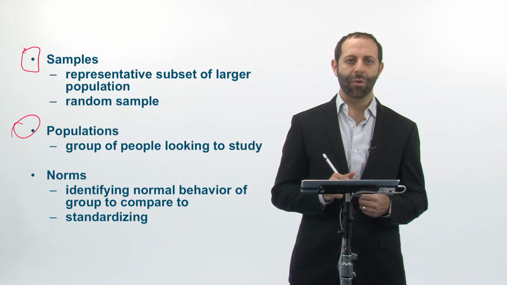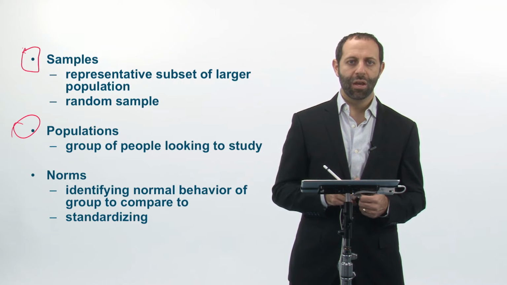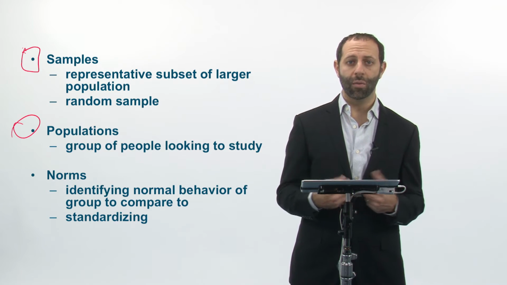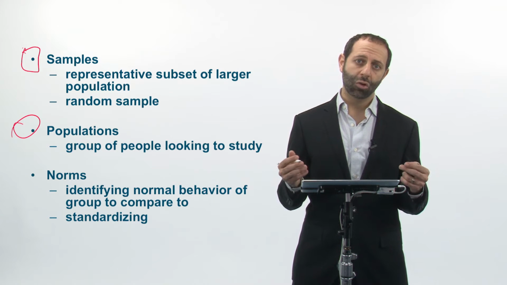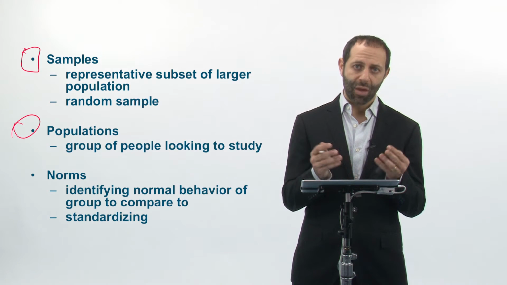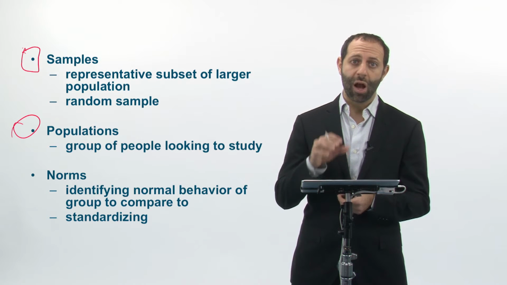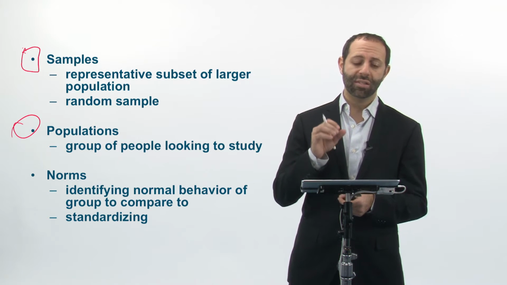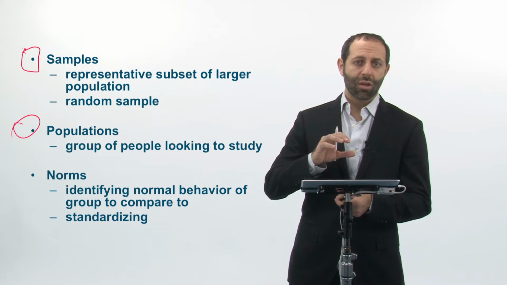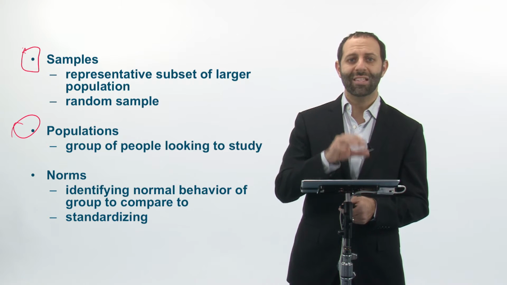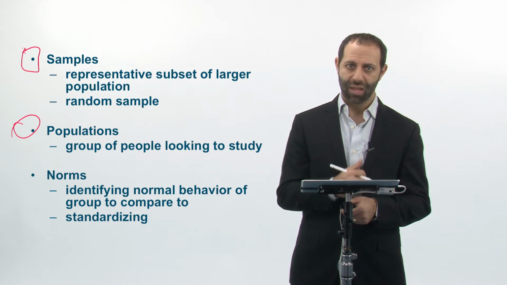So perhaps if I'm interested in understanding the fashion trends that are occurring in the population, I might look towards a college campus to give me a sample of the broader population. I might even go further within a college population to assess just those students who are living in state versus people who come from out of state.